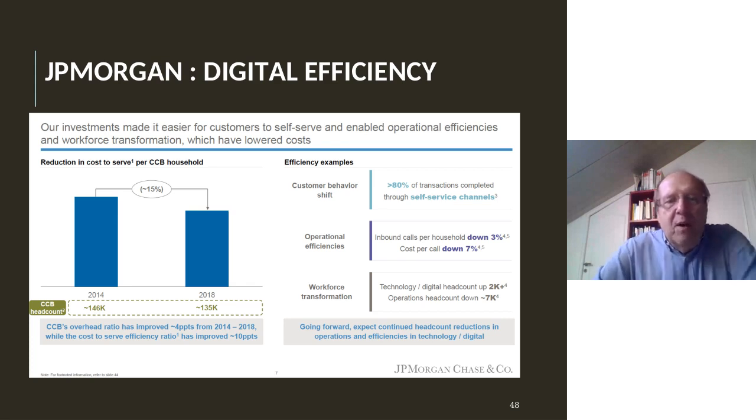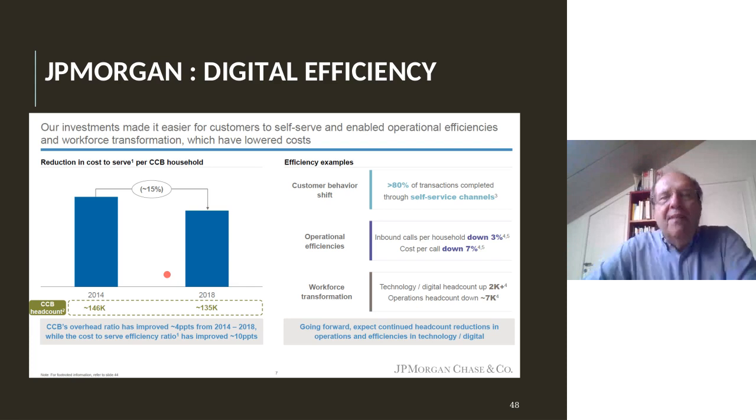And what they show, which is quite important, quite nice, is the unit cost to serve a client. Obviously they don't give the full numbers, but what they explain is that the unit cost to serve a client in CCB, community and consumer banking, so that's really retail, decreased by 15% over that period of 4 years.